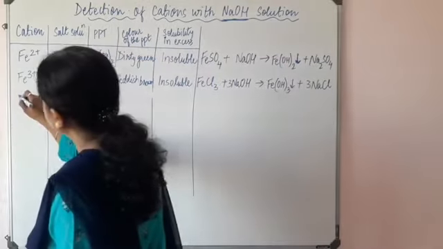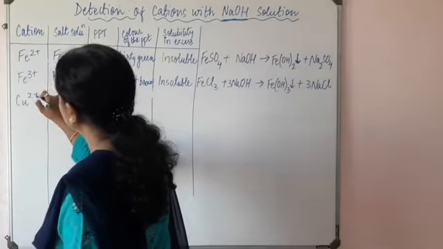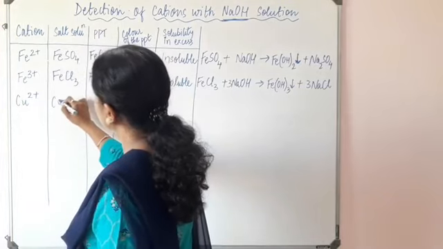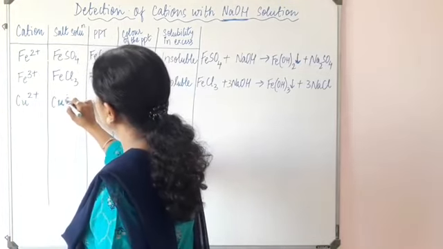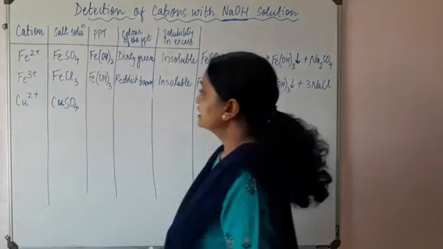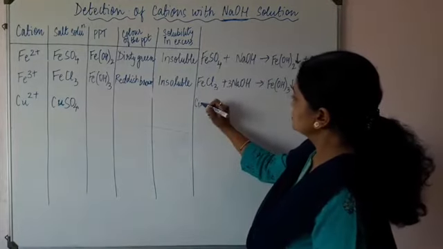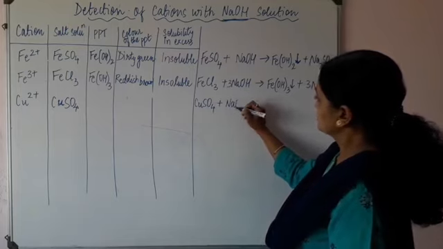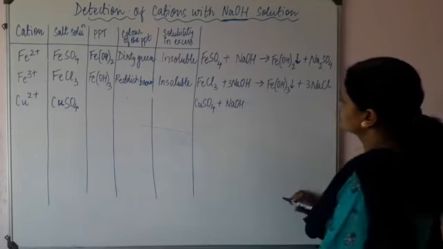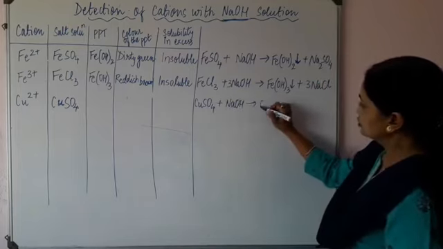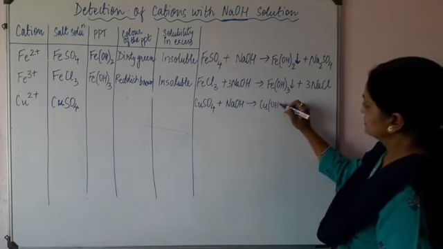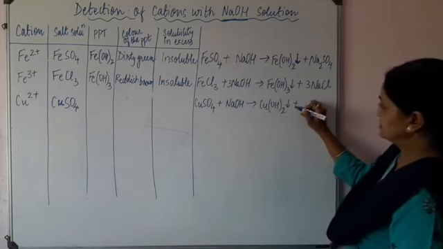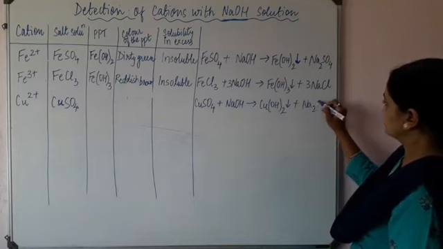Now next we are taking cupric, Cu2+, and we take copper sulfate solution. When copper sulfate, CuSO4, is taken here and we add NaOH, here we will get cupric hydroxide, which is a pale blue precipitate, and sodium sulfate as a byproduct.